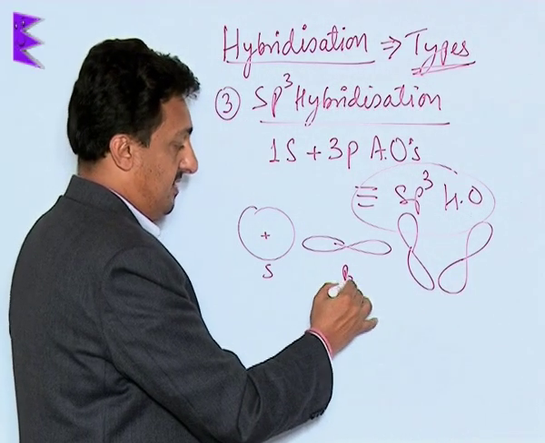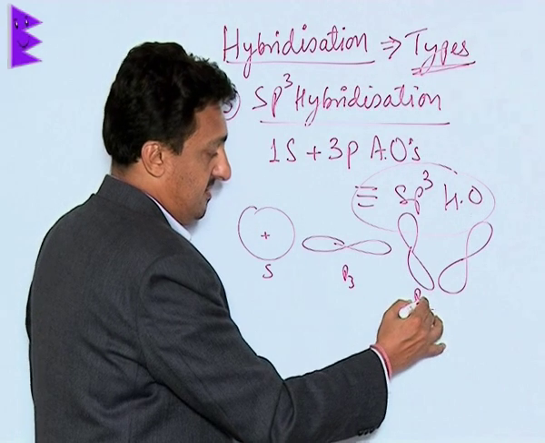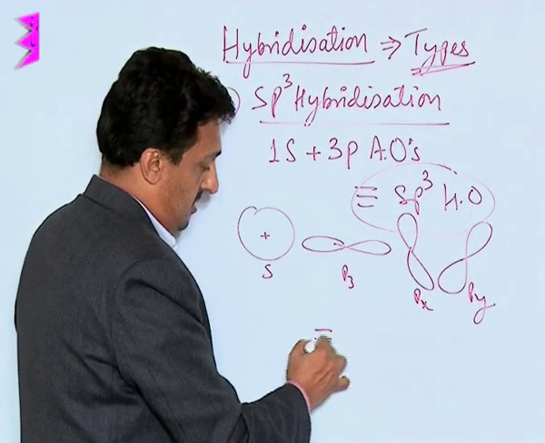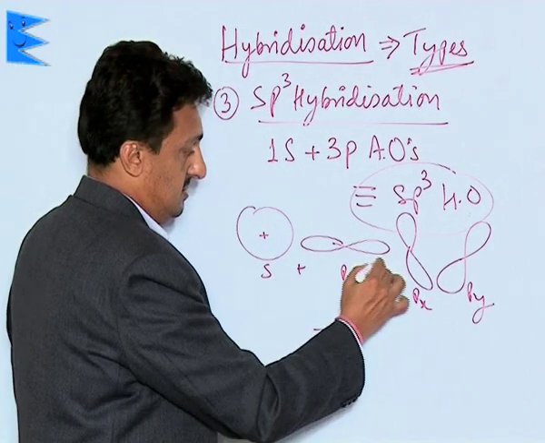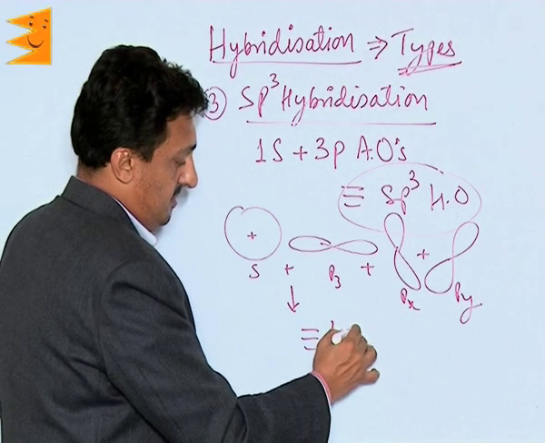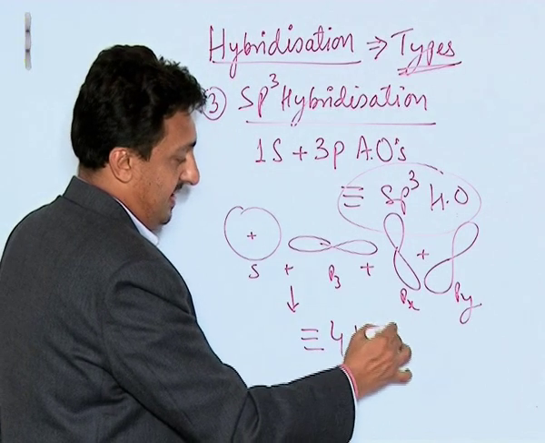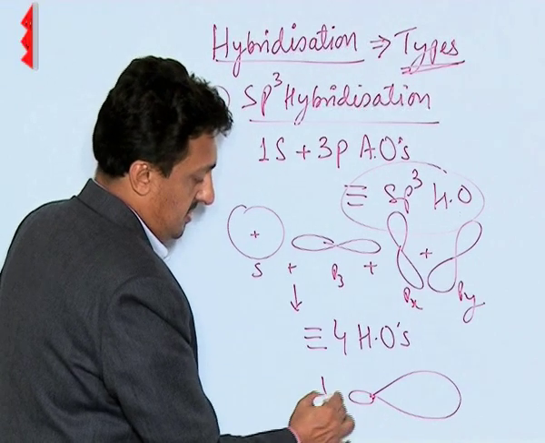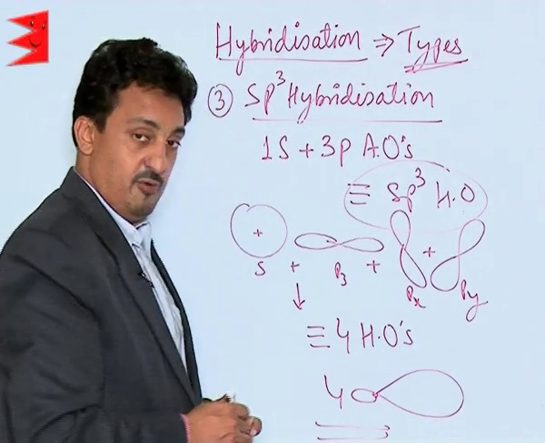So when this pz, px and py overlap, 4 hybrid orbitals are formed with the shape like this. So such 4 hybrid orbitals will be formed.